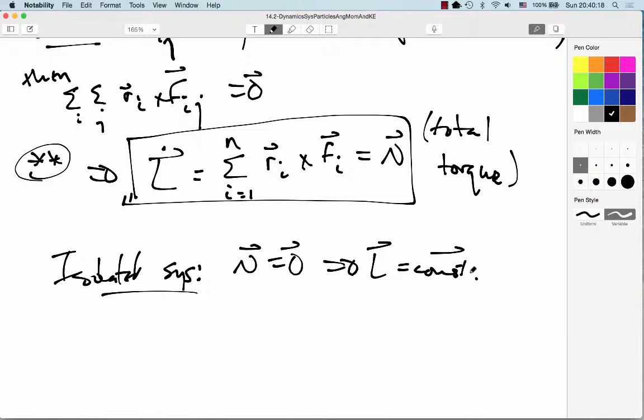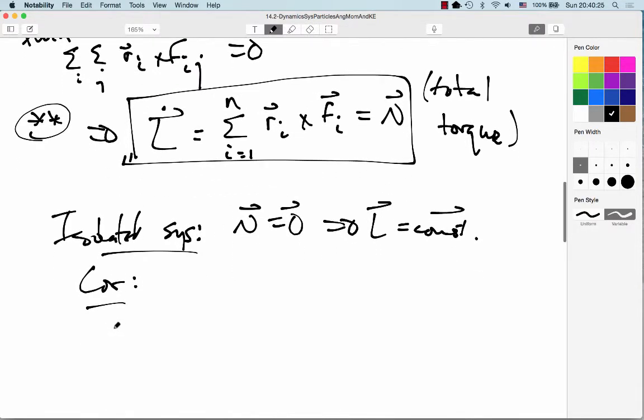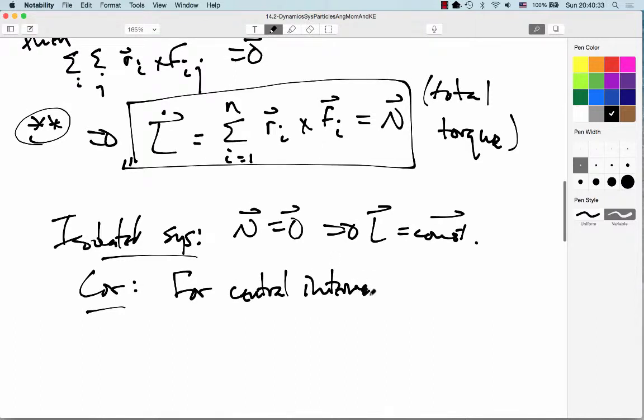And our corollary to this is that for central internal forces, only the external forces can change L.